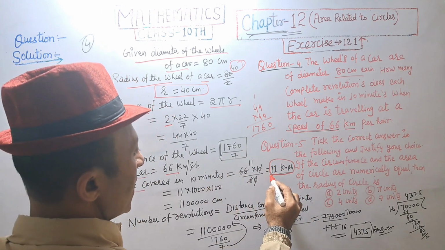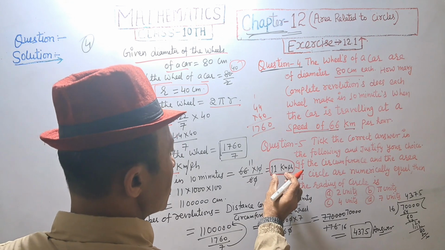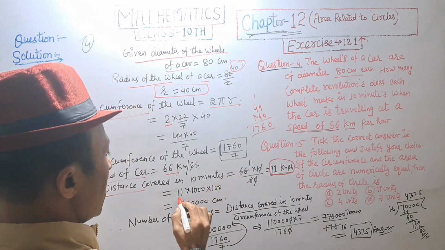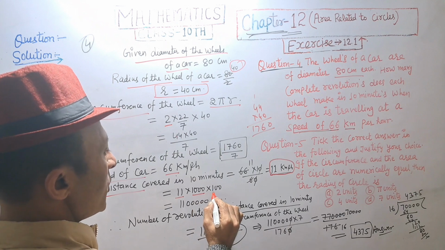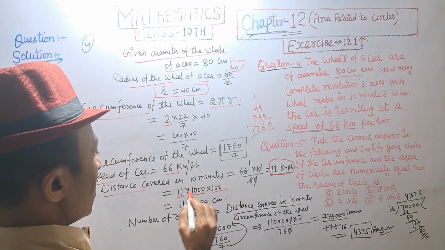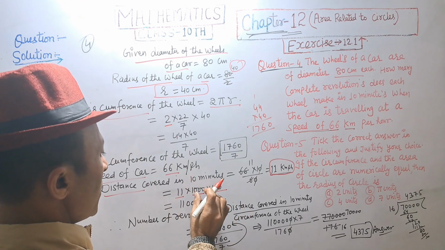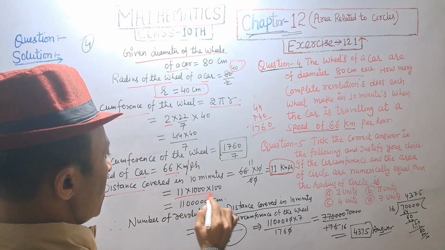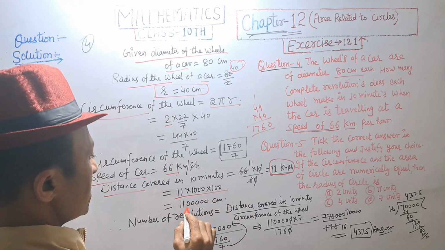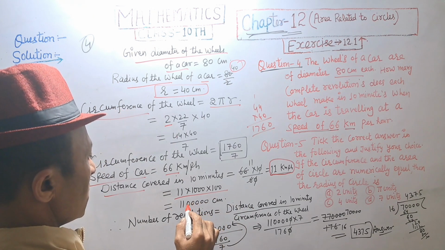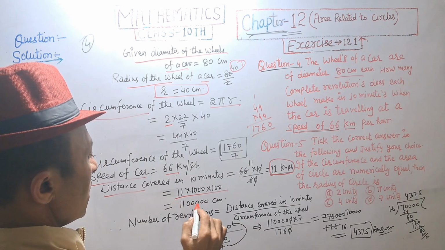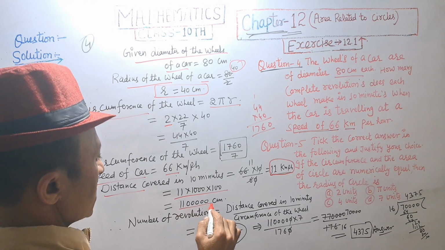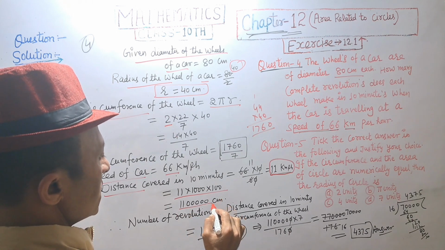And we are changing kilometer to centimeter: 11 into 1000 into 100, that is 11 lakhs centimeter.